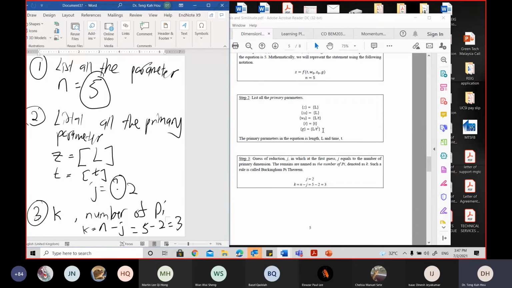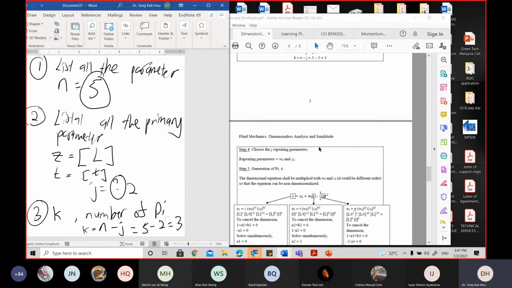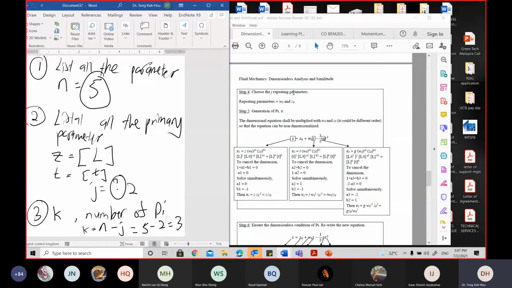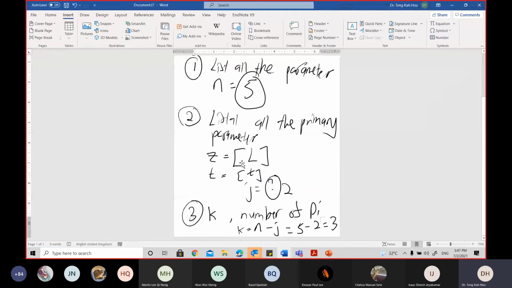And I will always advise choosing the complicated ones as the repeating parameters. Why I say so, you will know when we solve the question. Okay, so after you get your repeating parameters, then you have to start.